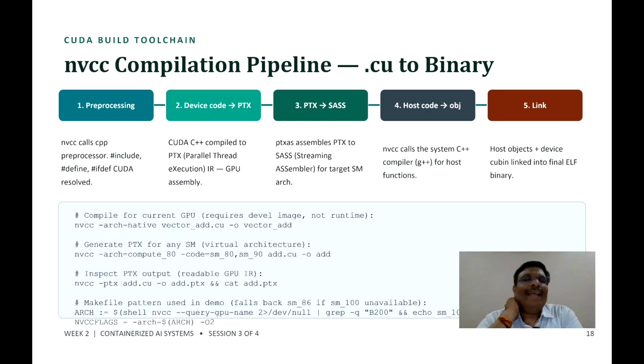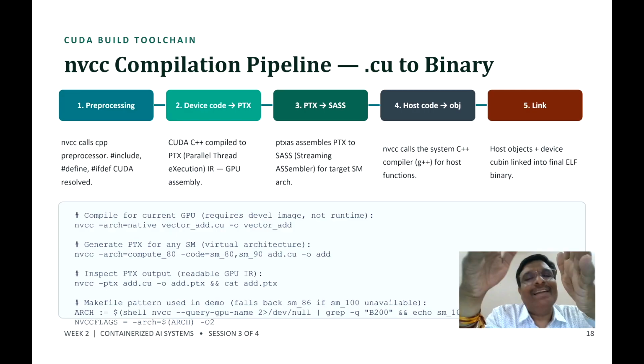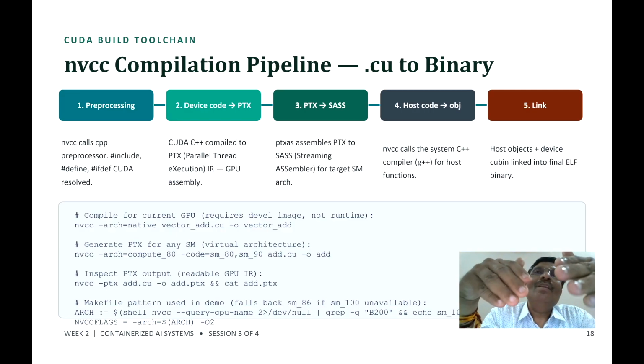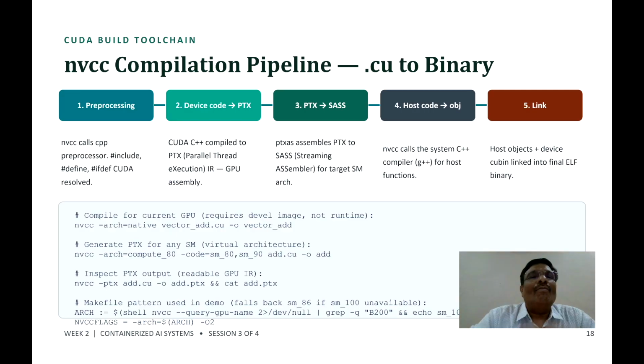Once you get the PTX intermediate file, that assembles the PTX to SASS, the streaming assembler, for the target SM architecture. So this is where the actual essence of the NVIDIA compilation is important.